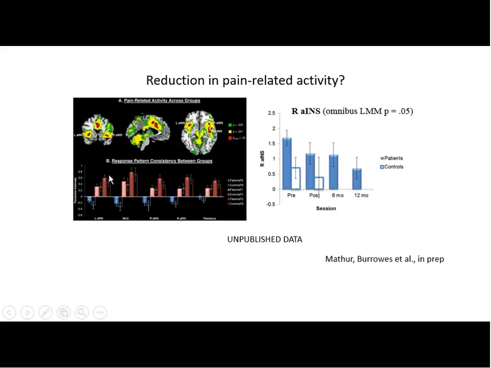And so you can see across patients and controls, these are the areas across the brain that are activated: mid-cingulate, bilateral anterior insula, and so on. Below are what's sometimes referred to as pain matrix areas. But you can see that for some of the regions, patients activated the areas more strongly than controls, and that changes over time.